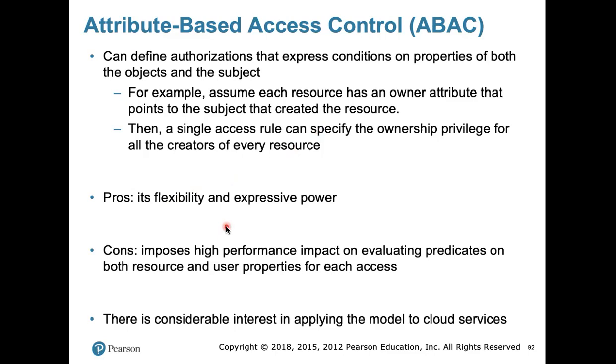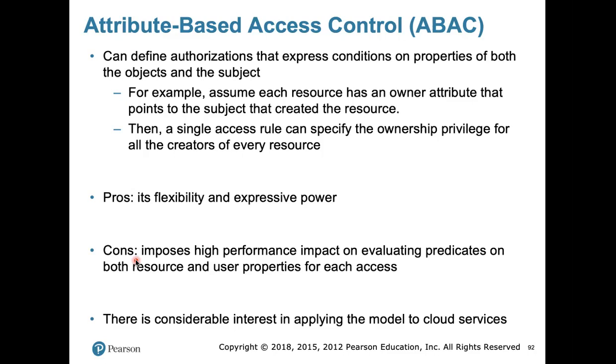Both discretionary-based and role-based access control can be defined as a subset of attribute-based access control. And this is very powerful, but the problem it has is complexity. Every time a subject wants to access an object, the process of matching, or let's say evaluating, the attributes of these two parties should take place.